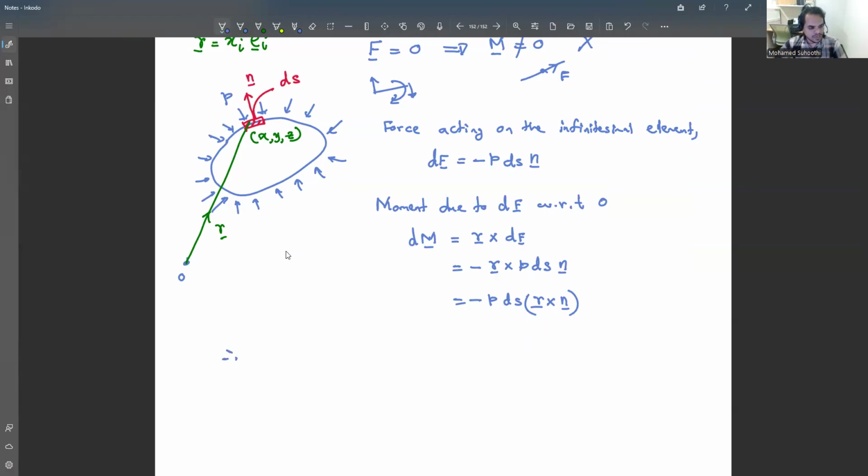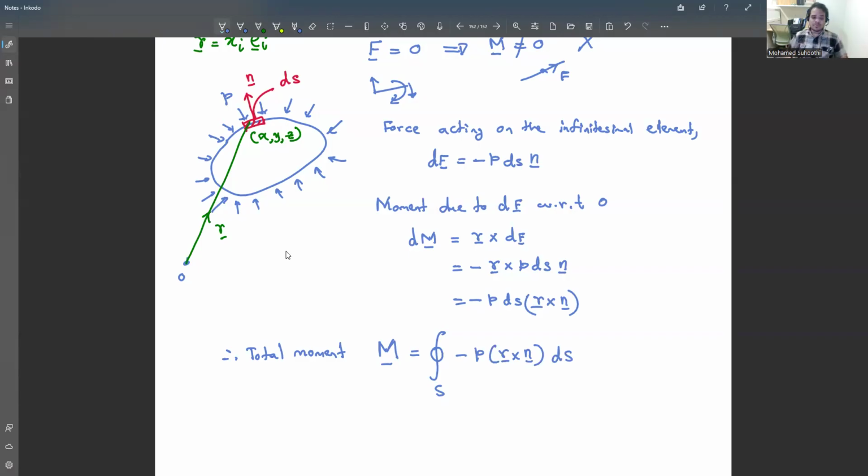Now I am going to calculate the total moment, let's say M. So I have to integrate over this entire surface: the surface integration of minus p ds, R vector cross n vector ds.